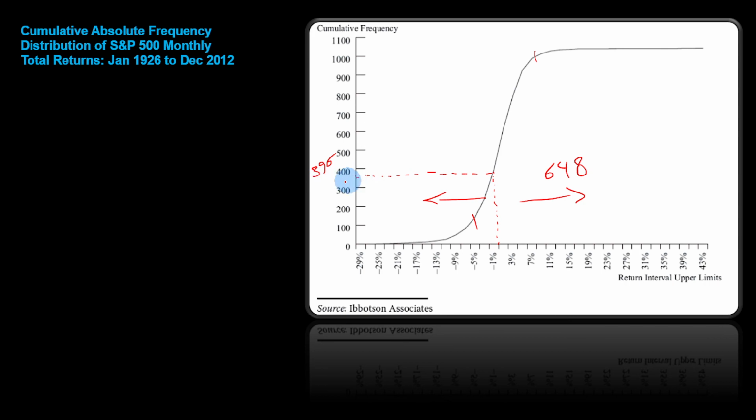If this was cumulative relative frequency, instead of 396, we would read 37.93%. And for the positive returns, that would read 62% of monthly outcomes that were positive, right?